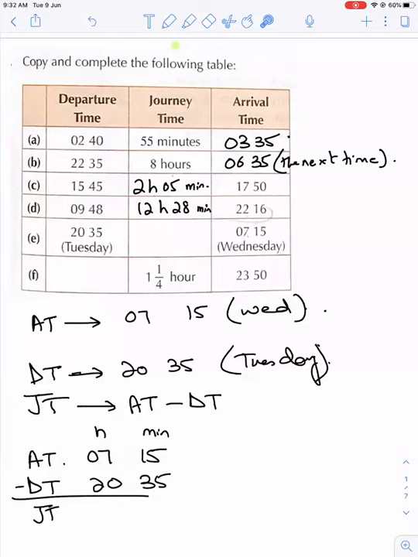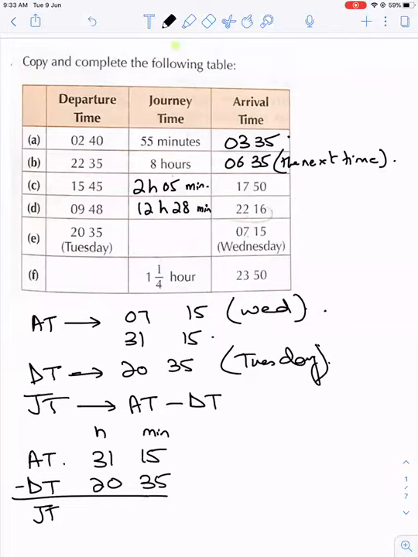But since the arrival is the next day, as a first step, in the arrival time, 7:15, you add 24 hours, because the next day has started. 7 hours plus 24 hours is 31 hours. So in place of 7:15, you will write 31:15. Now you can go ahead with the subtraction process.